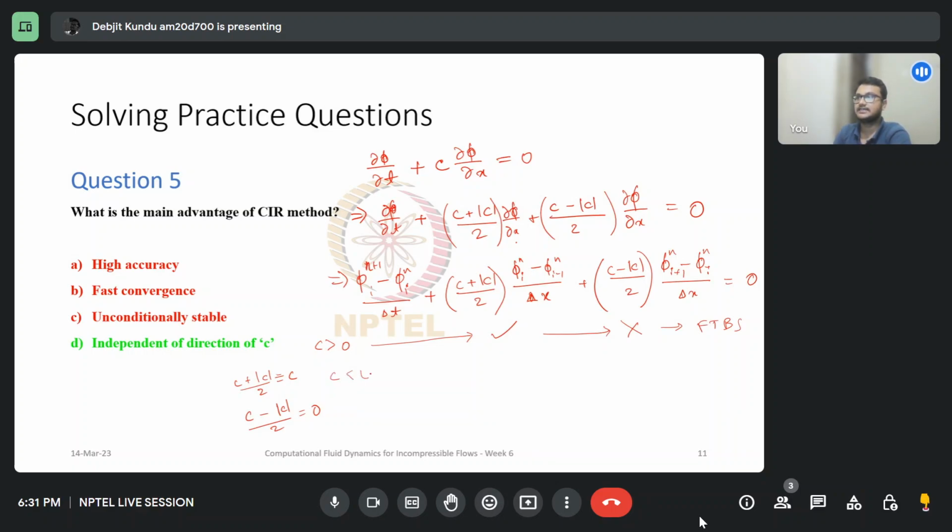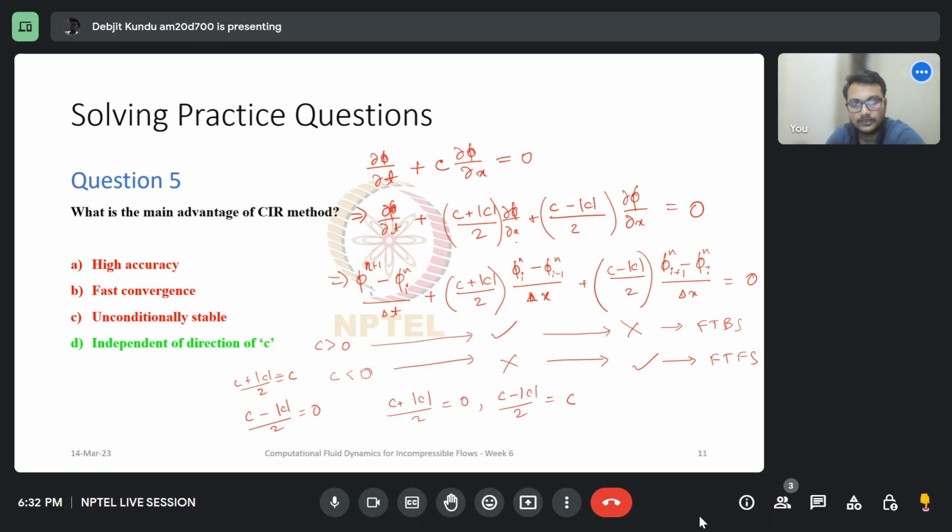Similarly, when C is less than 0, this leads to C plus mod C. Here mod C is positive and C itself is negative, so this becomes 0, and C minus mod C by 2 becomes equal to C. So this term remains and this term goes away. And this actually boils down to an FTFS scheme, which is appropriate for C less than 0, as we saw earlier. As a result, this formulation does not depend on the actual value of C. You don't have to have prior knowledge of the direction of C while choosing your method.